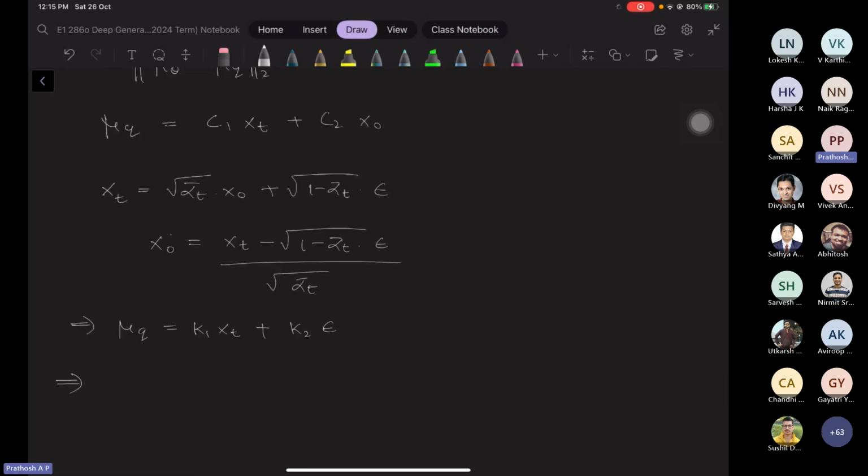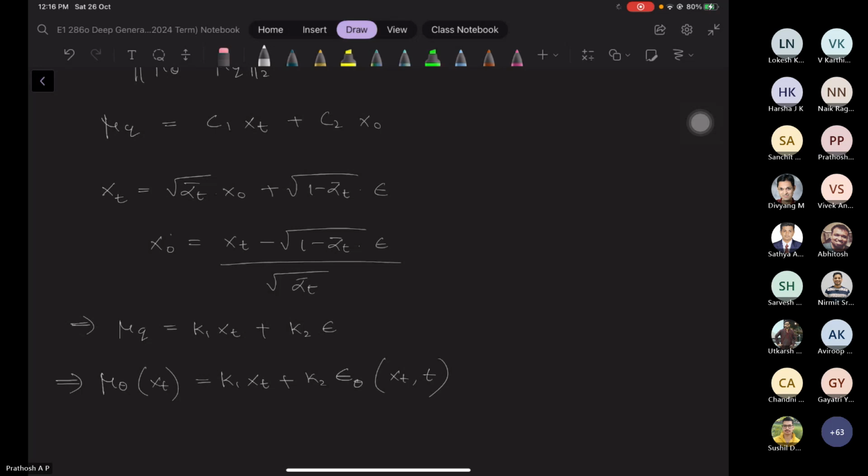So I have my mu theta, which is a function of xt. I can also write this as some constant k1 times xt plus k2 times some epsilon theta, which is a function of xt and t. Mu theta was the mean of a Gaussian random variable, correct?